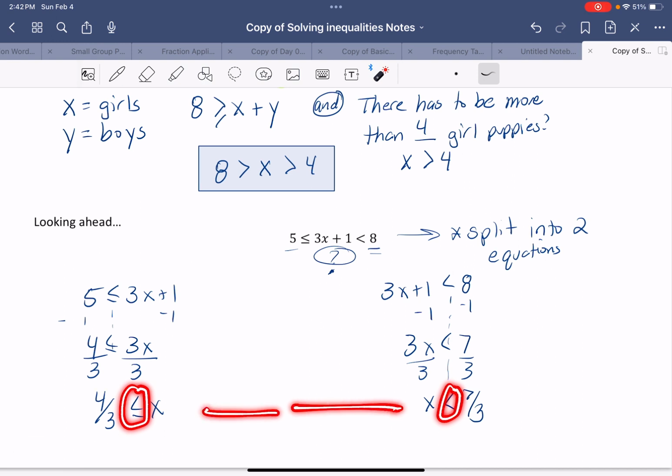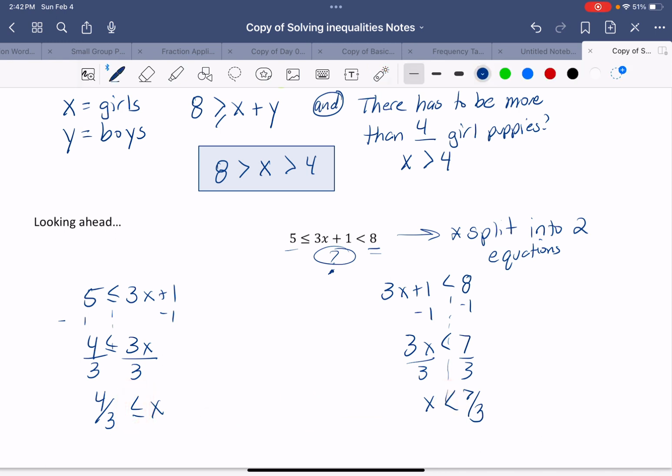We're going to put these 2 together. Watch what I do. I take my one equation, 4/3, less than or equal to x. Oh, wait, sorry, my bad. This is not an x. 4/3 is less than or equal to x, which is less than or equal to 7/3. So do you see how I put all of that together?